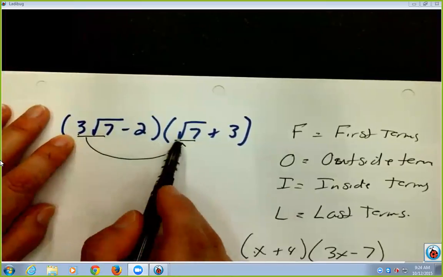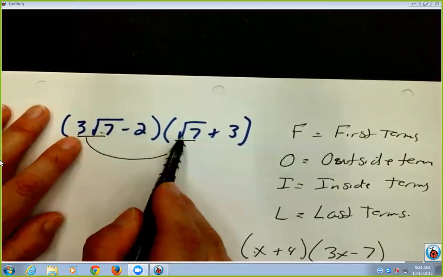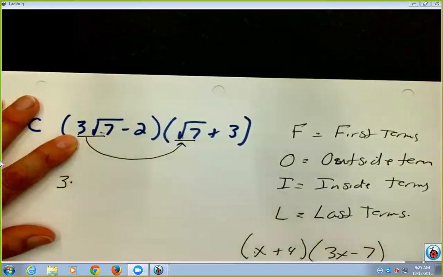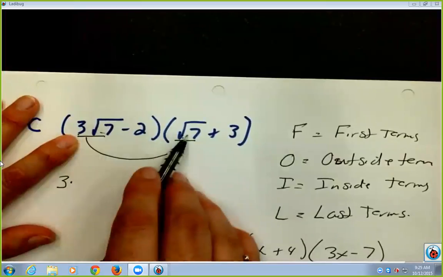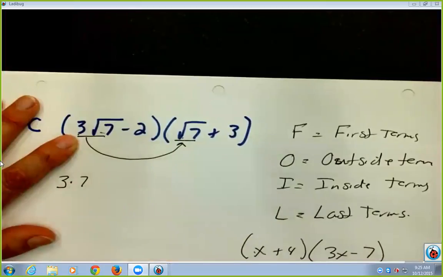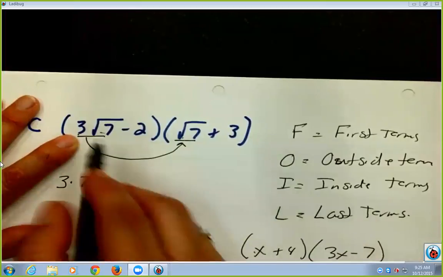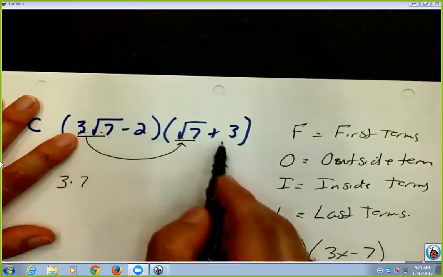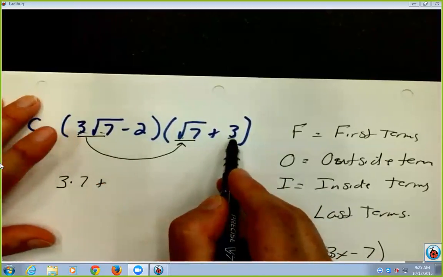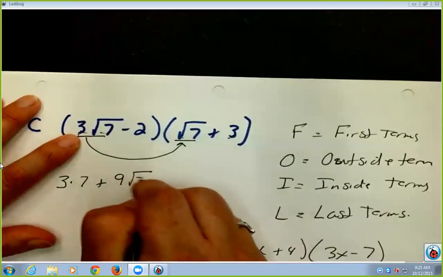Well, I get 3, the square root of 7 times the square root of 7, ends up leaving me with 3 times what? Square root of 7 times the square root of 7 is just plain old 7, right? So we got that piece. Then 3, the square root of 7 times a positive 3: the only piece that multiplies is the 3 times 3, and I get 9, the square root of 7.